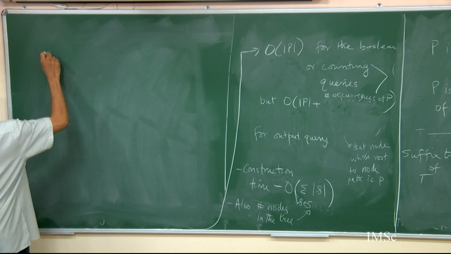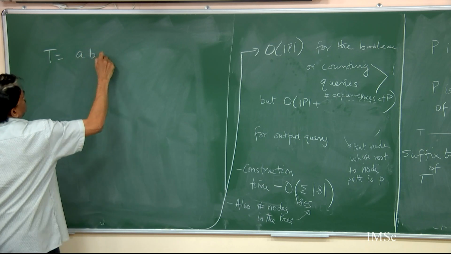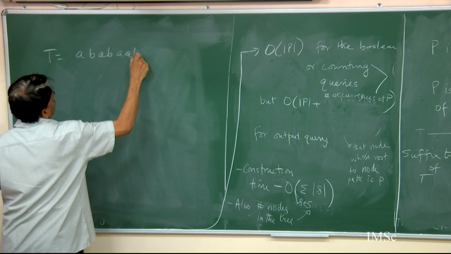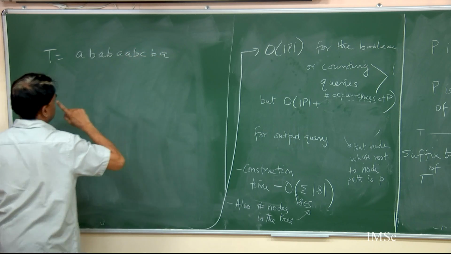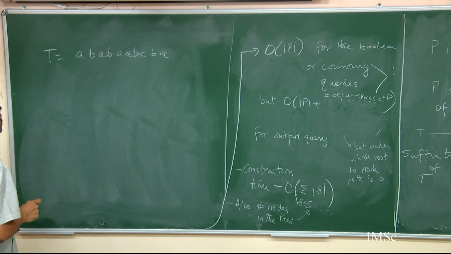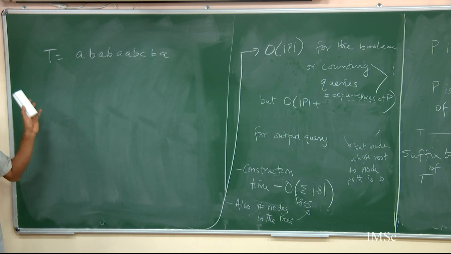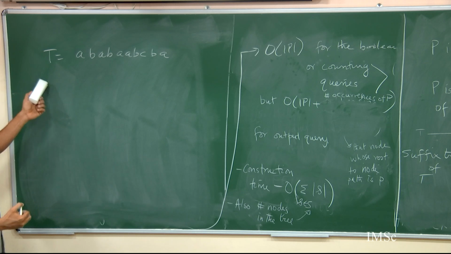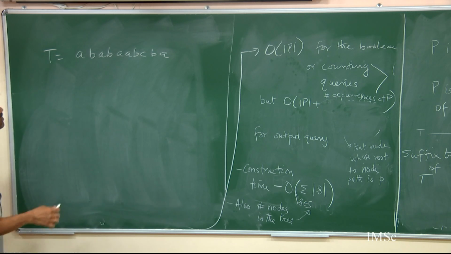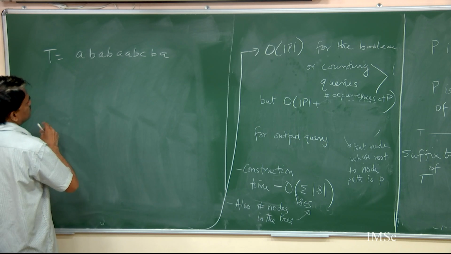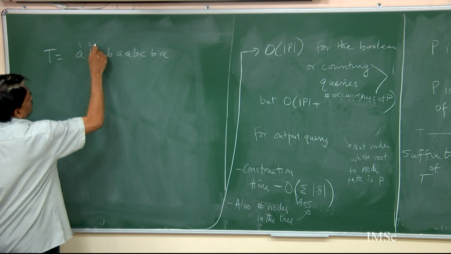So, if my text is some string, and the pattern is not given, patterns will keep coming. Given the text, I take all the suffixes. So, what are all the suffixes? Let us number them.